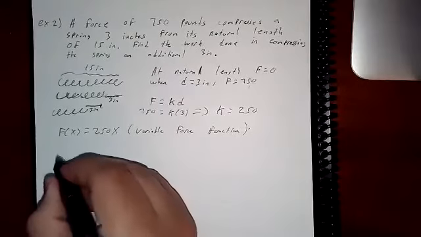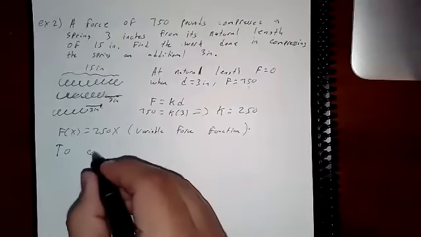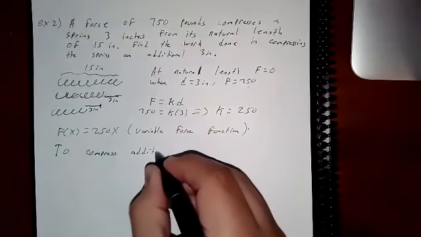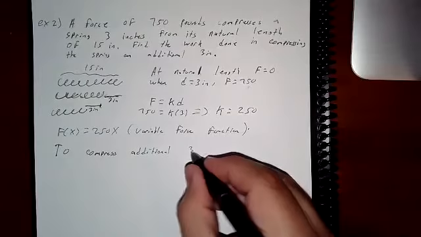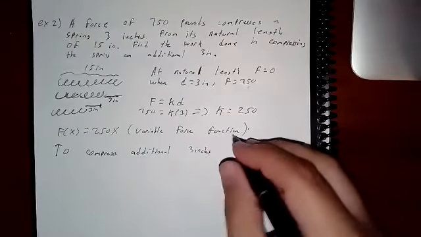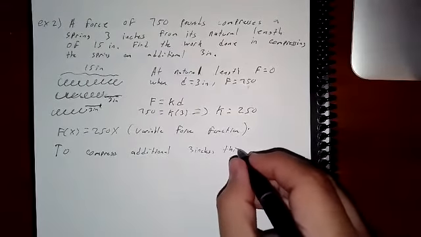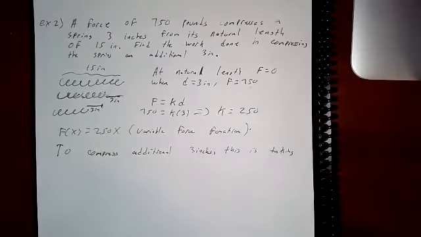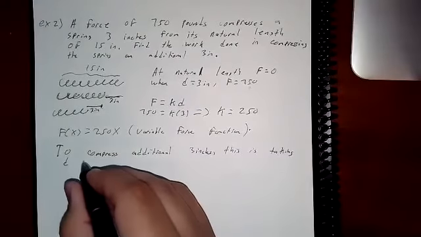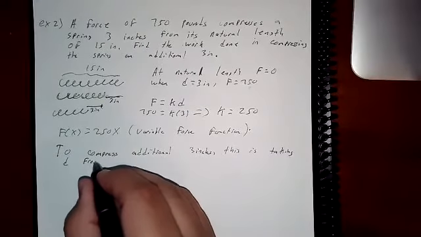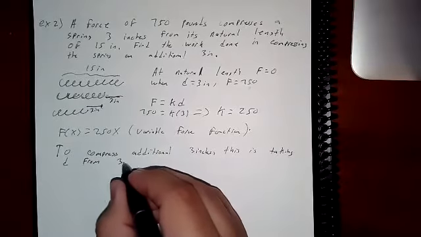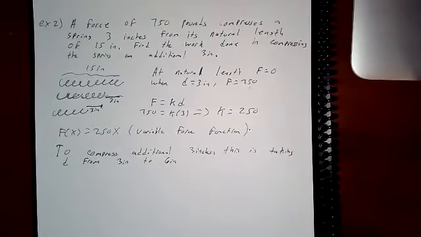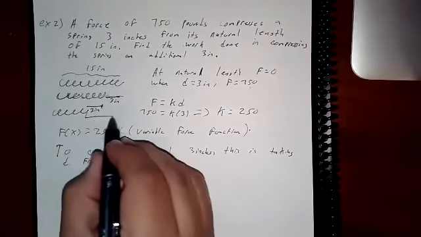So to compress an additional 3 inches, this is taking the distance d from 3 to 6, right? Do you agree with that? Because this distance here is 6.